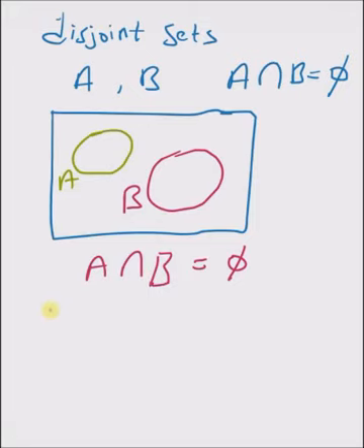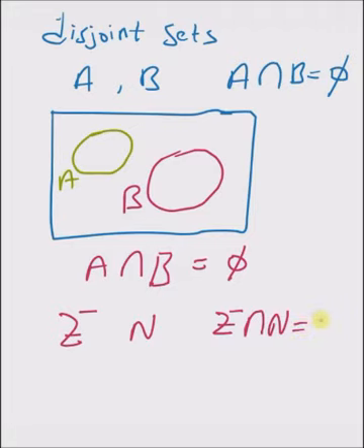A good example is the set of negative integers and the set of natural numbers, and the intersection between the set of negative integers and natural numbers is nothing, that is an empty set. The intersection between the negative integers and the whole numbers is also an empty set. The next laws we discuss are known as De Morgan's laws.